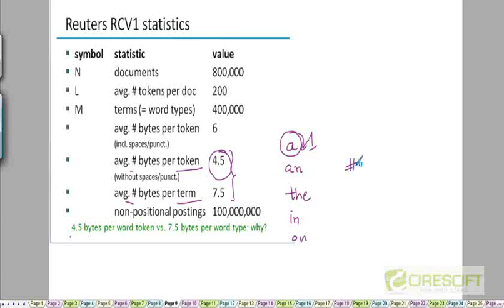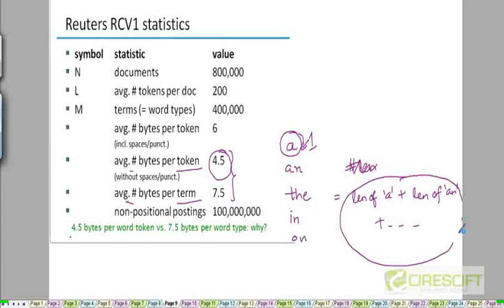So the average number of bytes per term is going to be the length of a plus the length of an plus so on. Basically, you'll add up the lengths of all the terms in the dictionary and then divide by the total number of terms in the dictionary.